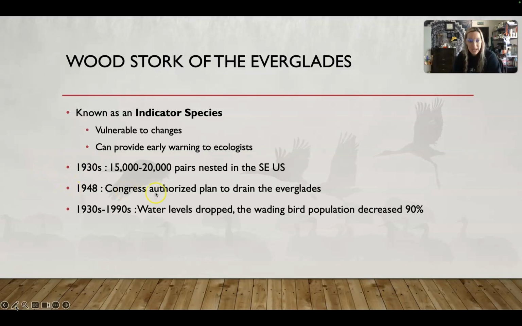Then in 1948, Congress authorized a plan to drain the Everglades. And after that, because water levels dropped so drastically, the wading bird population here decreased by 90%. 90%. That is just absolutely wild to me. So what happened here?